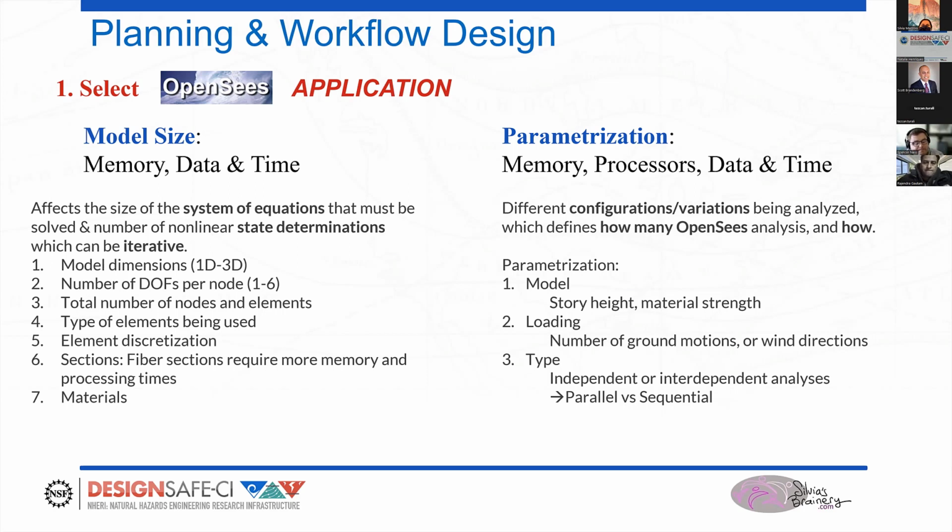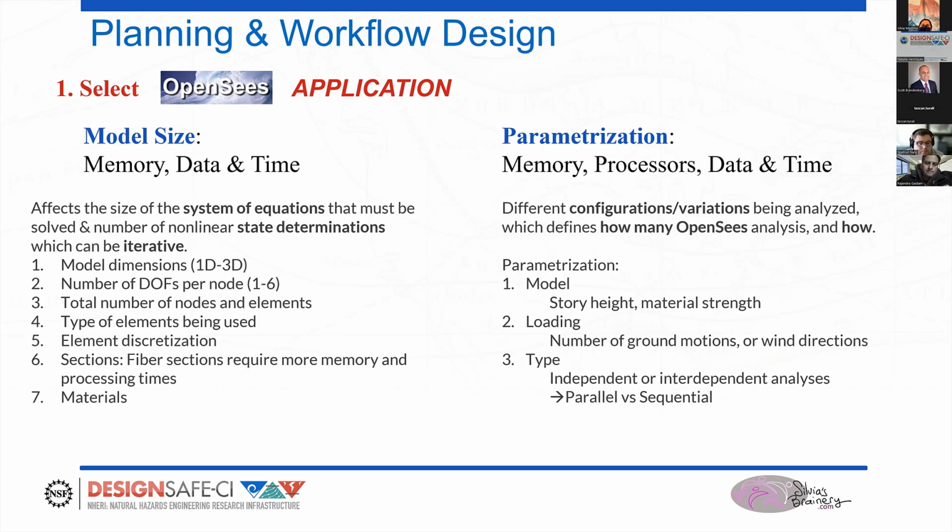The model size affects the size of the system of equations, right? Your matrix gets bigger and bigger as you increase these different parameters that I'll talk about, which means that not only do you need more memory to invert this stiffness matrix, but you may have more elements that go nonlinear or inelastic, and so you need to do state determinations that can sometimes be iterative.